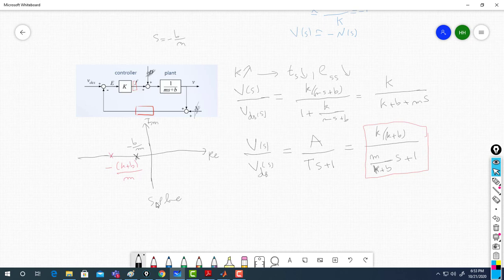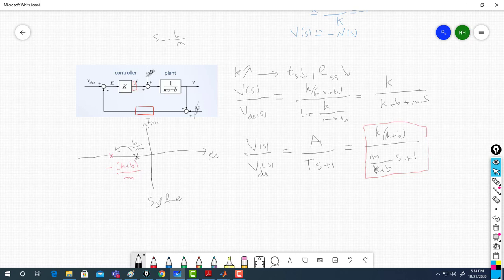When you added your controller, you changed the dynamics of your system. So now you shifted your pole from here to here. It's not like you accumulate the poles together and have two poles. It's a new pole, a red pole, not black.